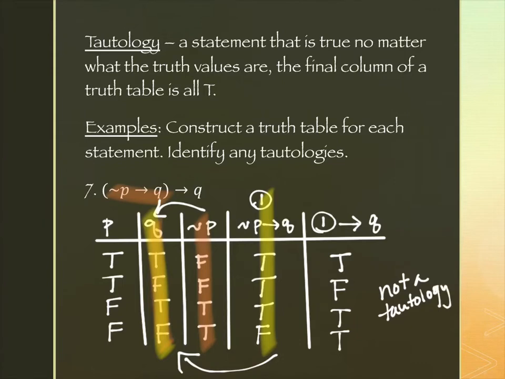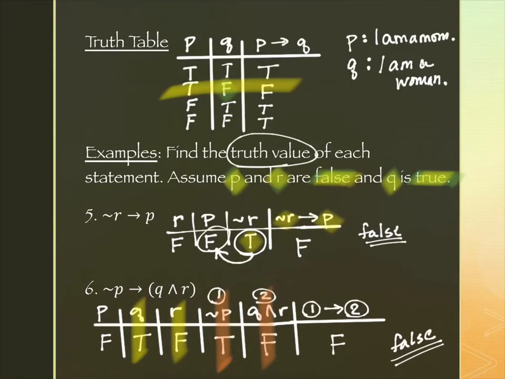When do you do two tables like this compared to the ones with only one line, like the last question? Because this says construct a truth table, and this one over here said define the truth value. So for finding a truth value, they already told us P, Q, and R and whether they were true or false. That's why I've automatically been able to put them in.